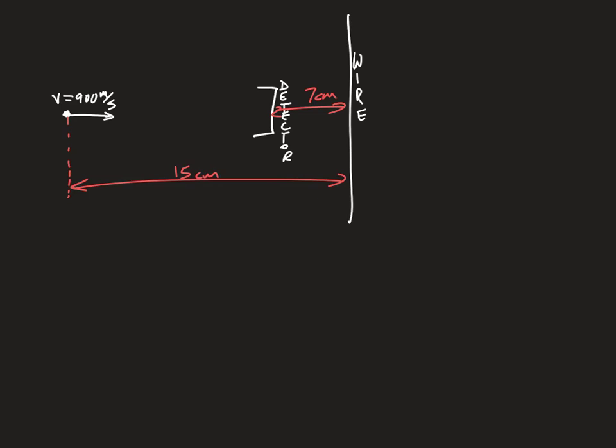So let's do this. We can call this point A, and we'll call this point B. So this thing is going to go from A to B. Could have called it A to D, whatever we want.